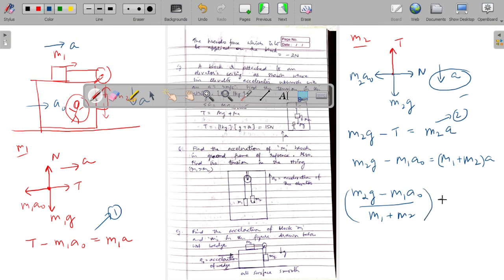So this is the acceleration of both the blocks with respect to the wedge.